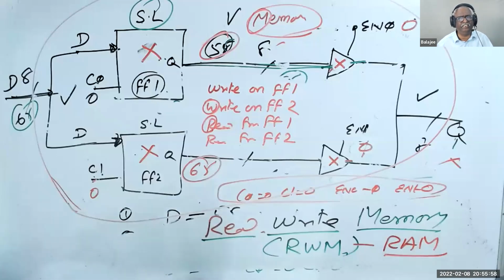Engineers have called this a RAM. Understand now? This is a mistake made by the engineers. Okay. I'll tell you the mistake when I'm discussing RAM next class. I will explain why they have called this a RAM, even though it is an RWM.